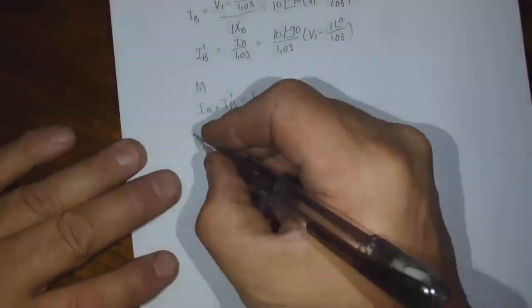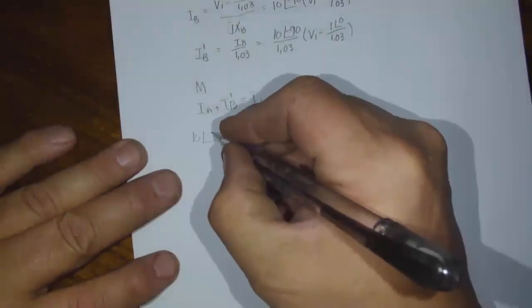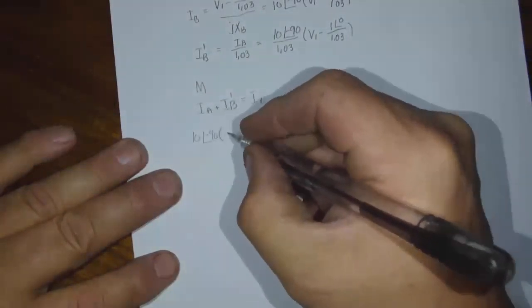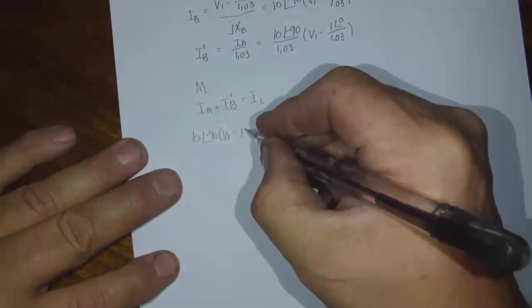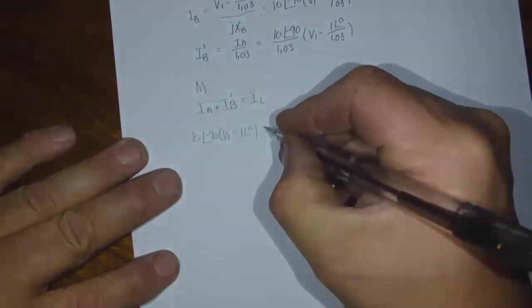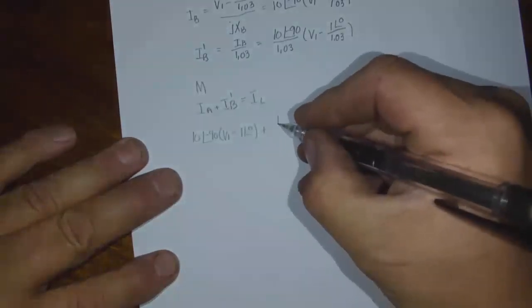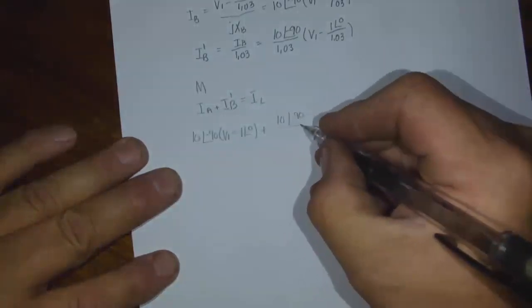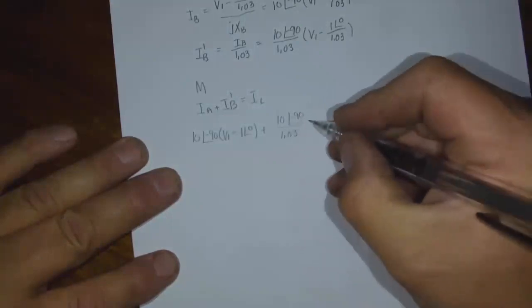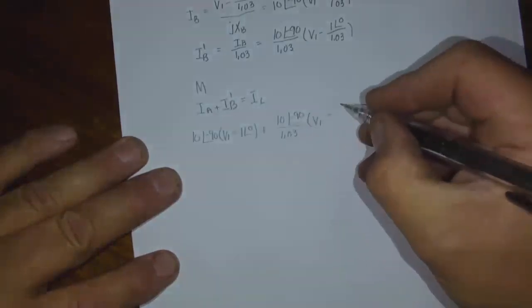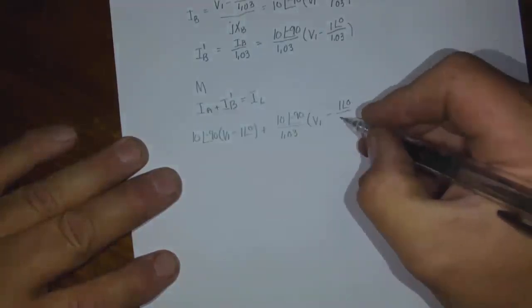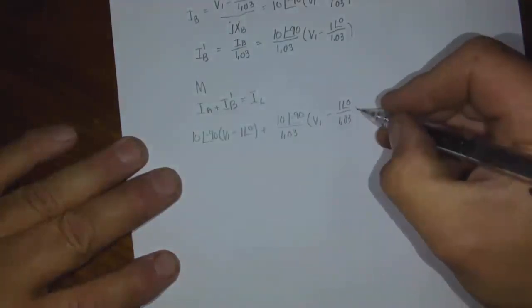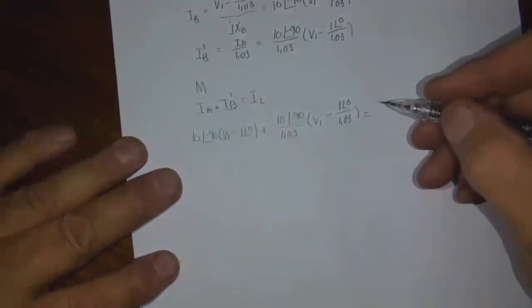So therefore, we have 10 ∠-90 (V1 minus 1 ∠0), plus, now we have 10 ∠-90 divided by 1.03 times (V1 minus 1), that will give me, what do we have? 5 minutes left.